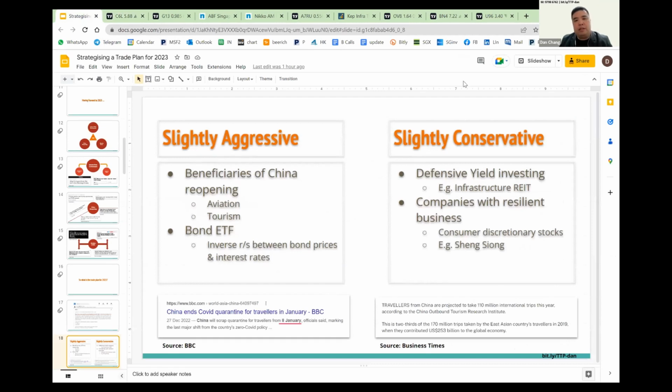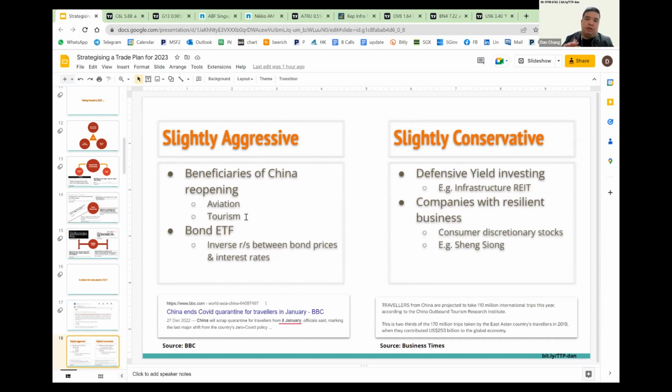The other beneficiary of China reopening is perhaps tourism. Chinese tourists make up about 40 to 50% of Singapore tourism. With more Chinese tourists expected to hit Singapore shores, a lot of sectors could benefit.